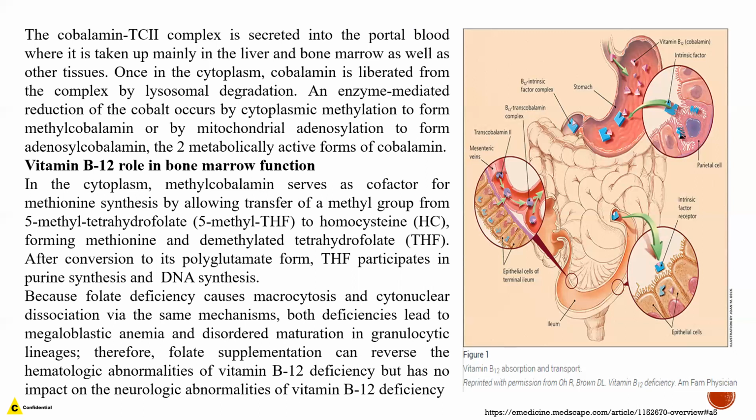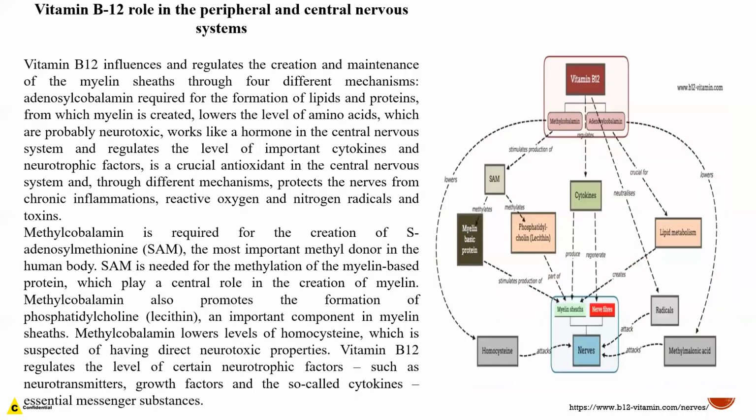Because folate deficiency causes macrocytosis and nuclear-cytoplasmic dissociation via the same mechanism, both deficiencies lead to megaloblastic anemia and deteriorate maturation in the granulocytic lineage. Therefore, folate supplementation can reverse the hematologic abnormalities of vitamin B12 deficiency, but has no effect on neurological abnormalities of vitamin B12 deficiency.